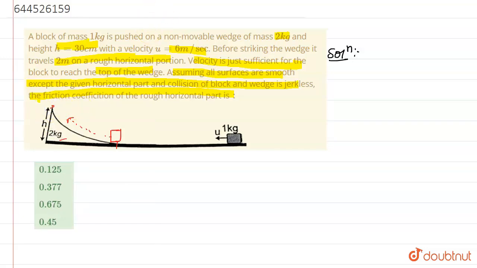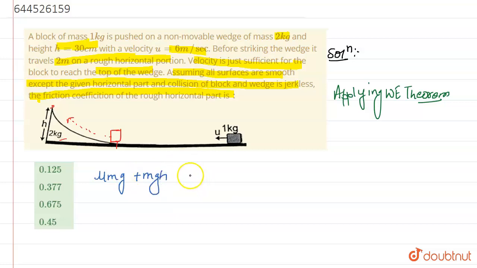We all know the concept of energy, the work energy theorem. Applying the work energy theorem, there is friction acting, that is mu mg, plus potential energy mgh, which gives kinetic energy initial minus kinetic energy final.